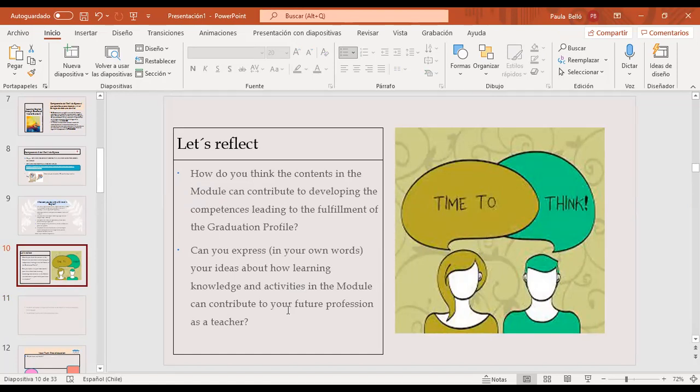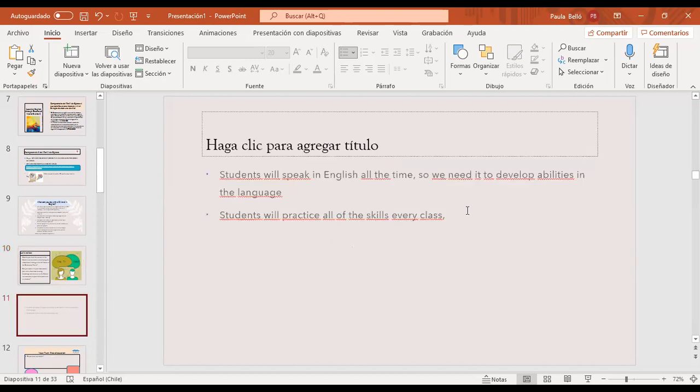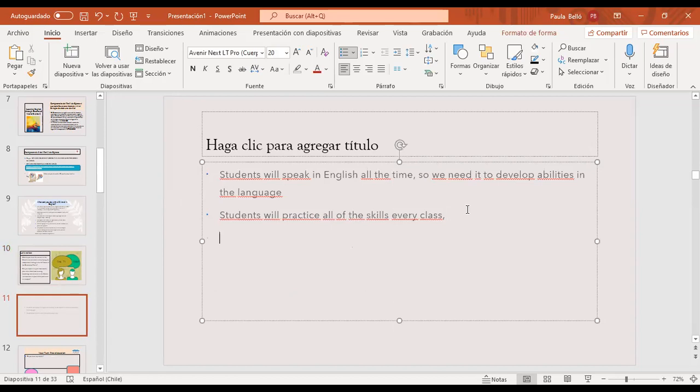How do you think this knowledge and the activities in the module can contribute to your future profession? Everything that we will be doing, developing, how will this be positive for your future profession? Maybe the method of teaching used in the future. Yes, methods of teaching, activities.